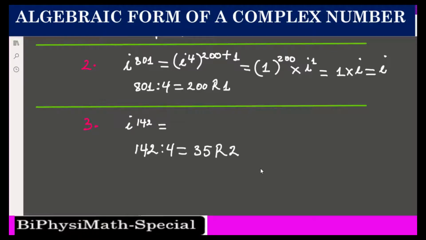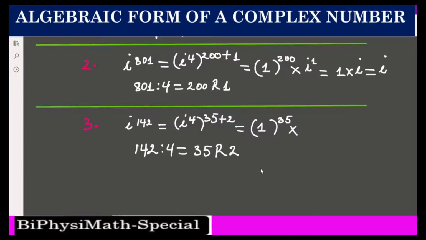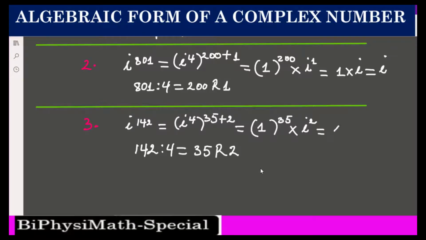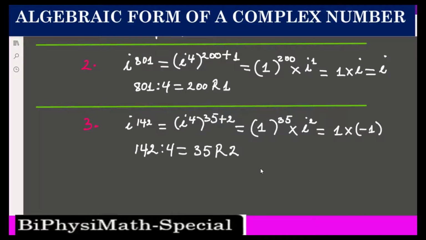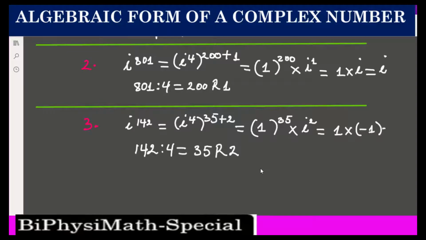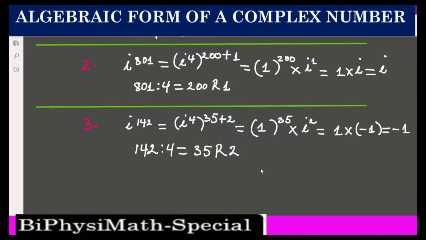Now write i to the power 4 times 35 plus remainder 2. You get 1 to the power 35 times i squared, so 1 times negative 1, because i squared equals negative 1. We have negative 1.